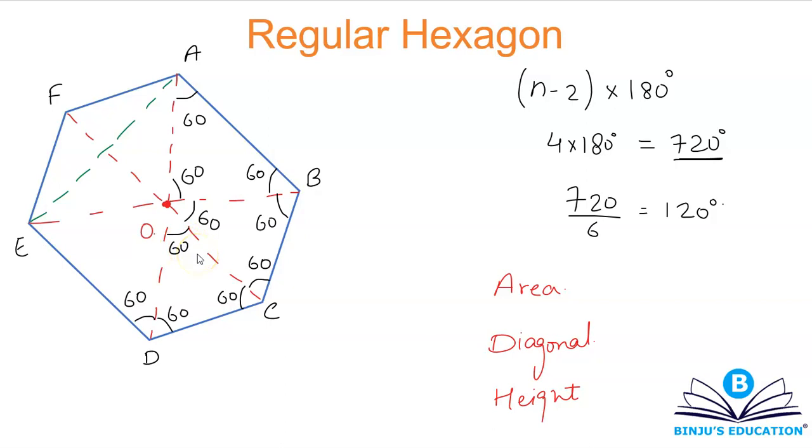So I can say that the first thing is a regular hexagon is made up of 6 equilateral triangles. Now what I'm going to do is consider the side of this regular hexagon to be a units.